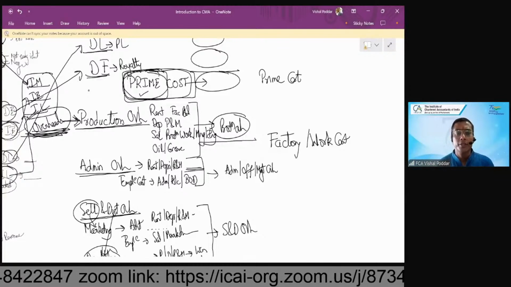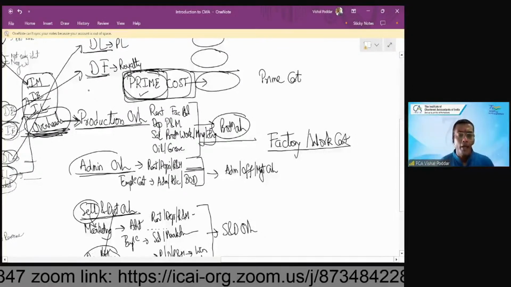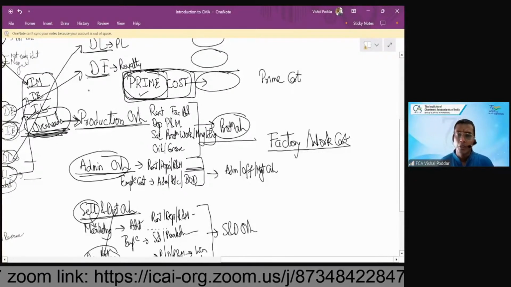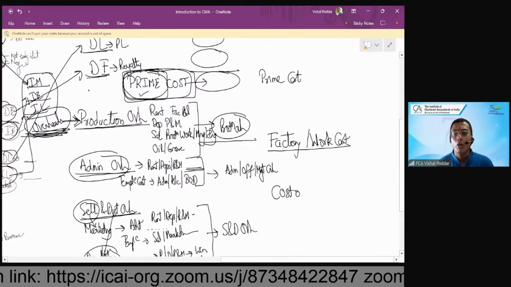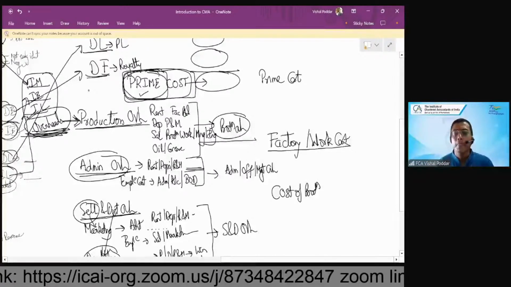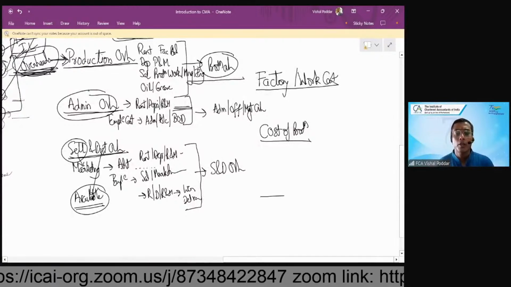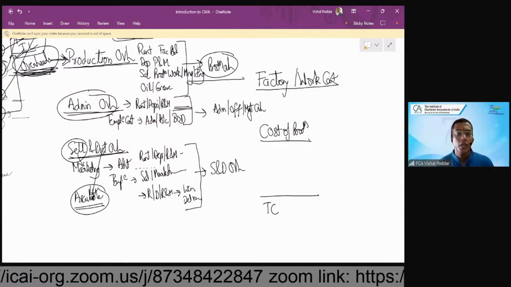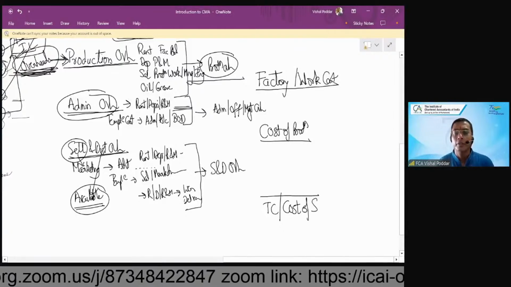That is the production overheads. That became my factory cost. To that, I added administration, the general administration cost. That becomes my cost of production. And when I add to this my selling related cost, this becomes my total cost in our normal wordings. In technical wordings, this is your cost of sales.